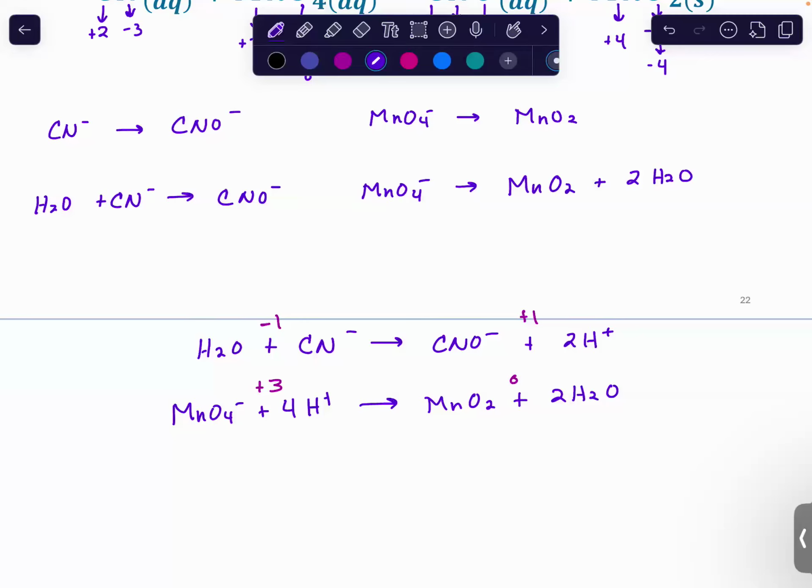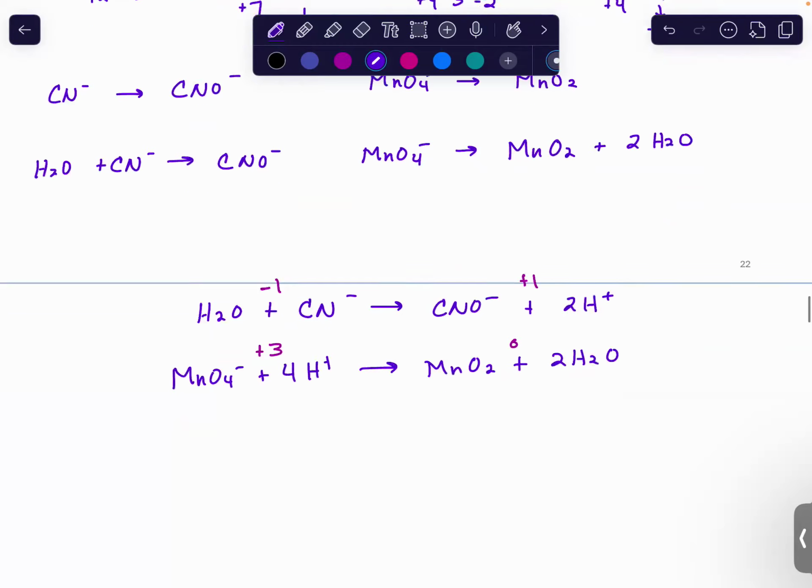So for the cyanide equation, how many electrons do I need and where do they go? They have to balance at the same charge. 2 electrons on the right side. So that's going to balance both sides at a -1.